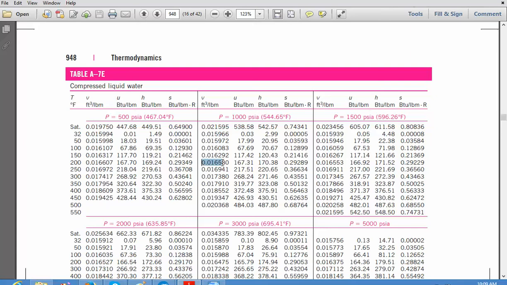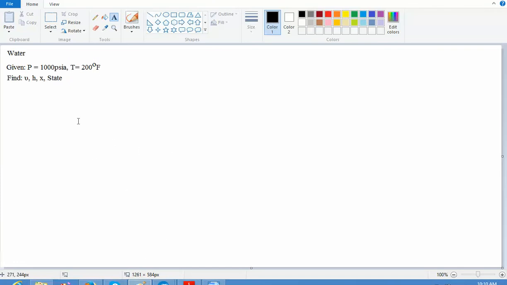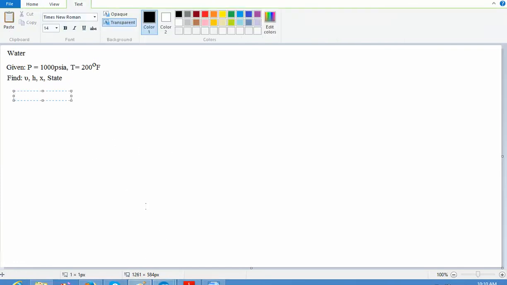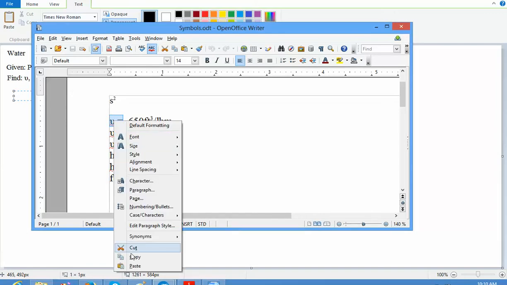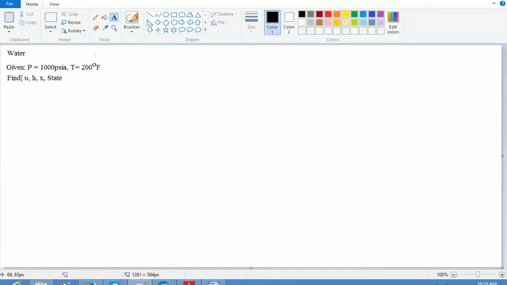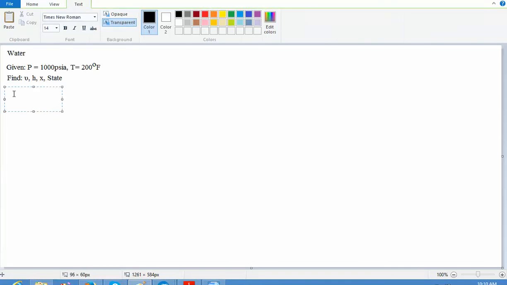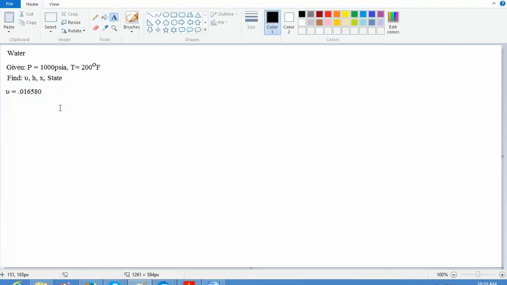Here's the temperature of 200, and we see that our specific volume is 0.016580 cubic feet per pound mass.